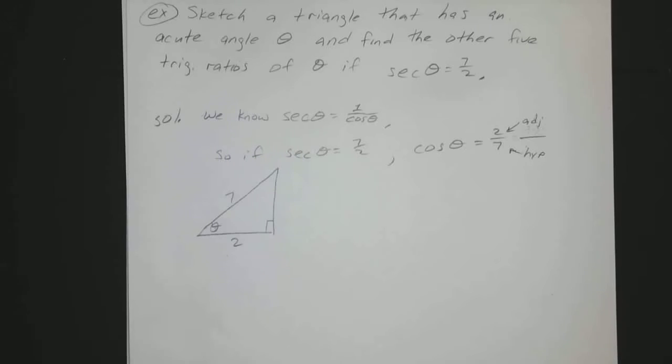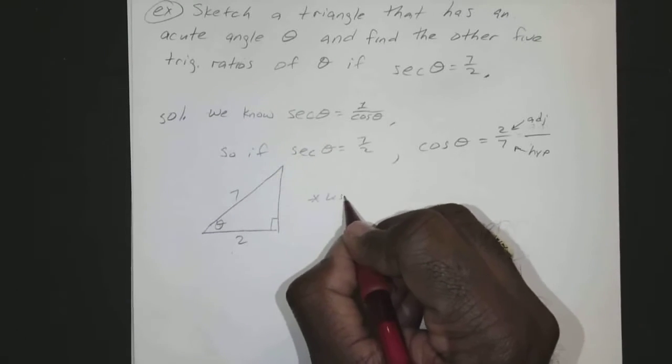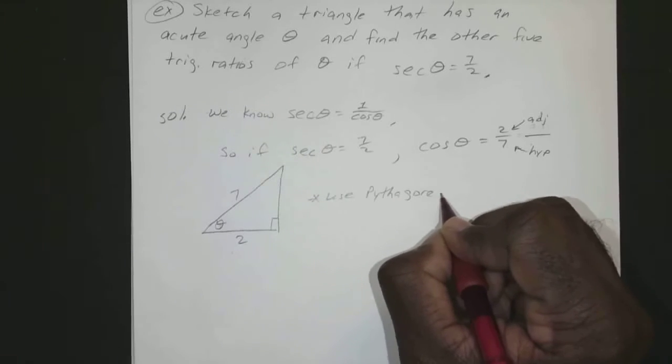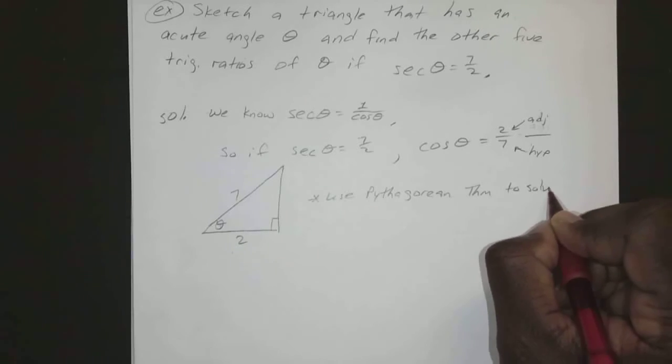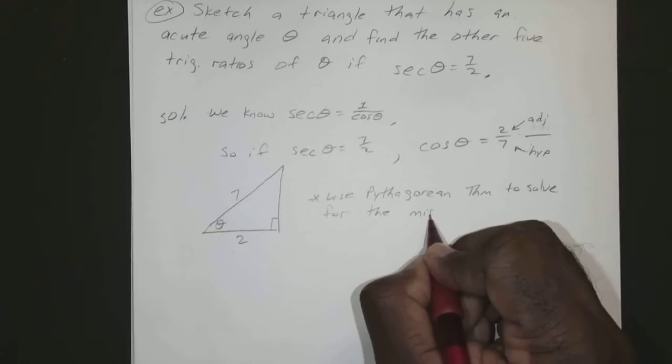All we have to do now is use our Pythagorean theorem to solve for the missing side.